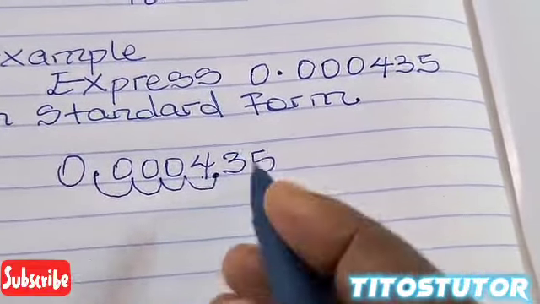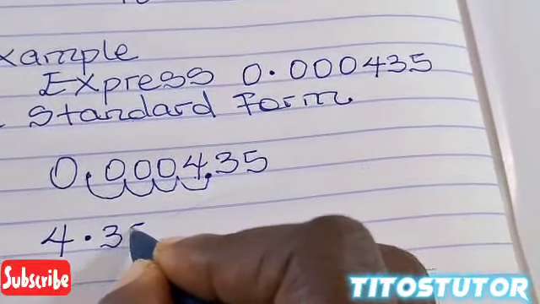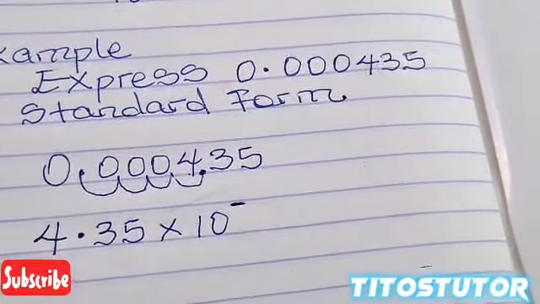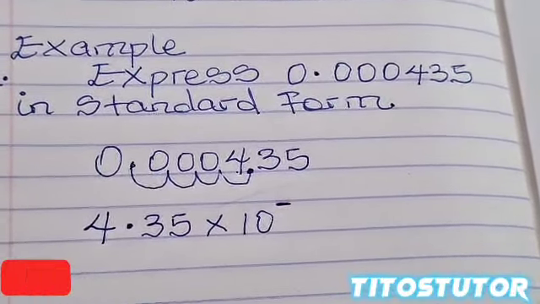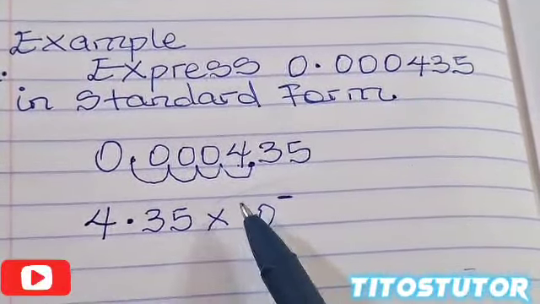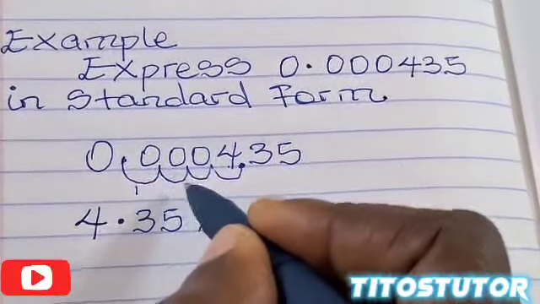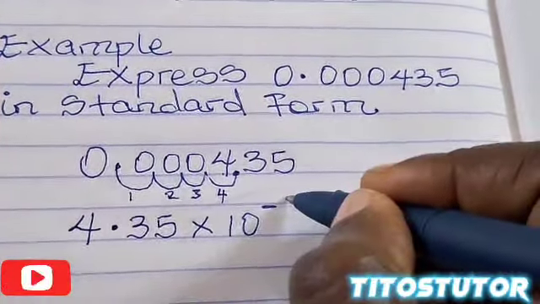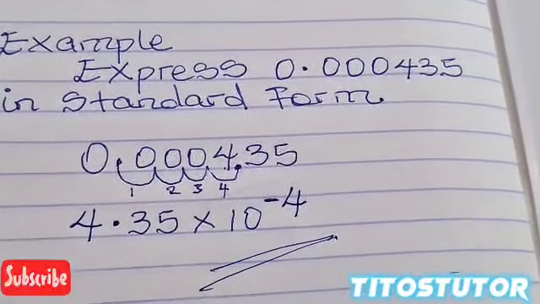So my decimal point has moved to 4.35 times 10 raised to the power of a negative number, because I know that the number I am converting is small, so it's a negative power. So I'm going to write how many times I moved my decimal place. So this is 1, 2, 3, 4. I actually moved it 4 times. So it's going to be raised to the power of negative 4. And I am done.